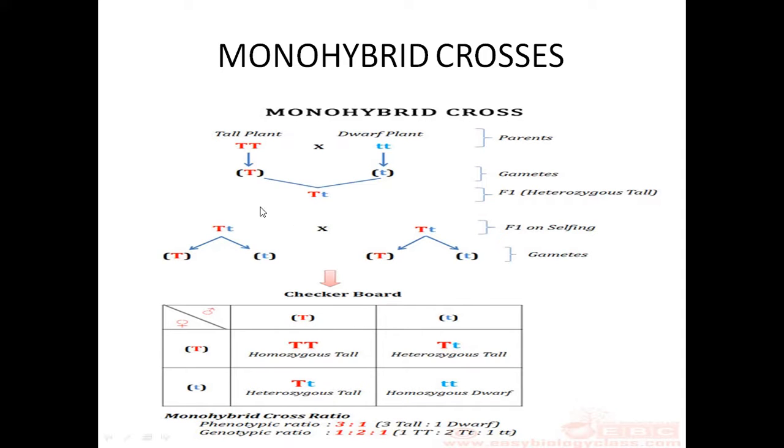Though the short allele is present, it is not getting expressed. The character that is observed here is tall, not the short one, in this capital T small t. So tall is the dominant character.